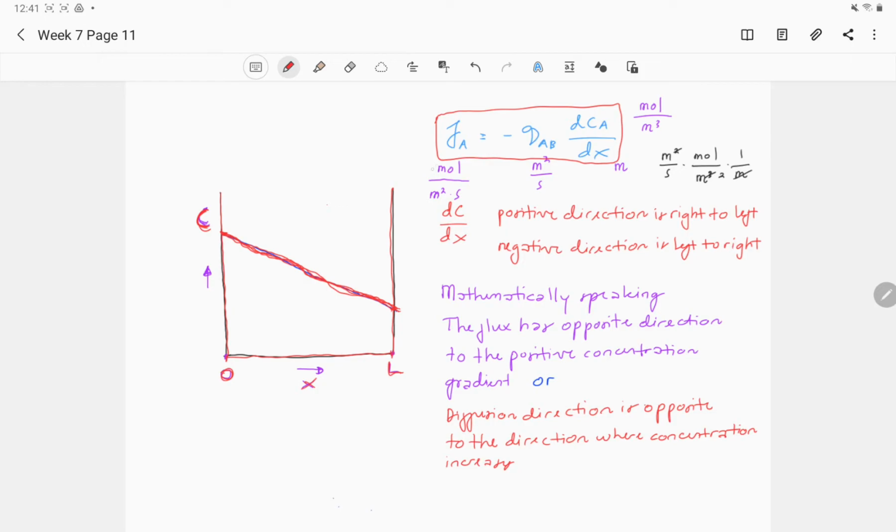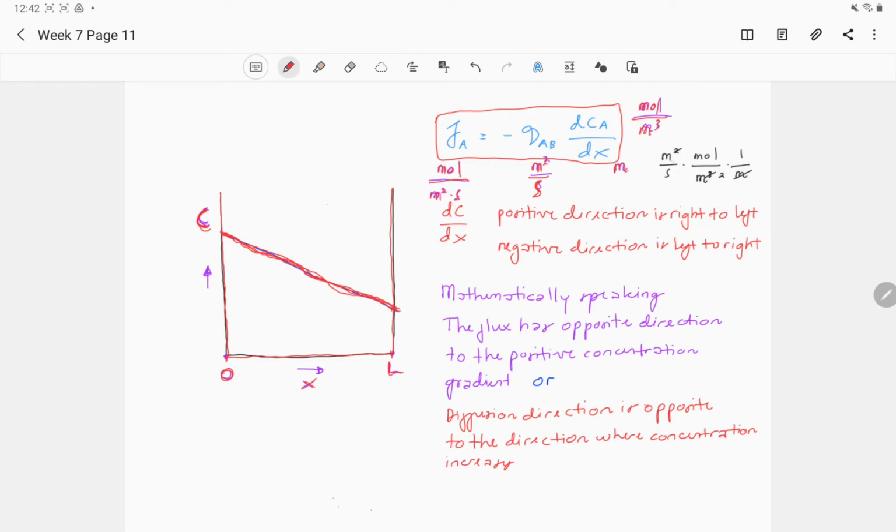Then we need to check the units first. The unit here is mole per meter square second. The unit for the diffusivity is meter square per second, the concentration is mole per meter cube, and x is meter.